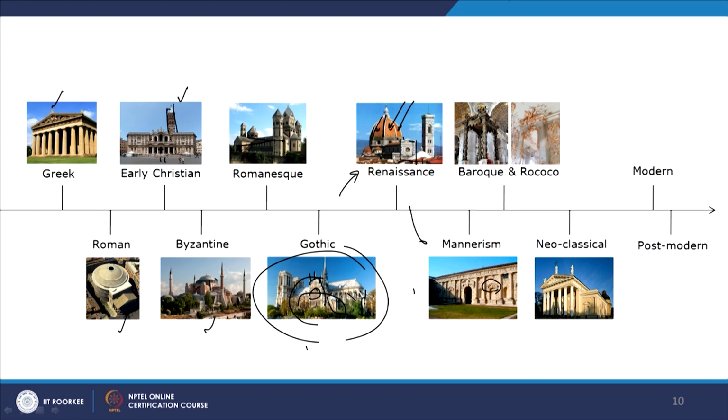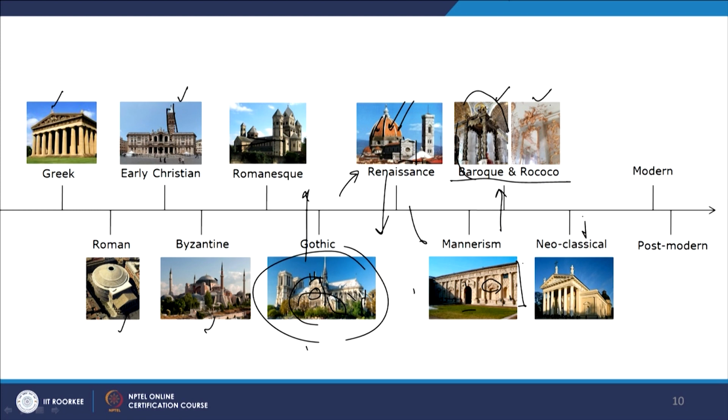Here trabeated with arches and everything is combined, and it's just a facade treatment. This is a load bearing wall, and then the columns are added and the keystones are protruding down. All these things are there. Then Baroque and Rococo, you can clearly see how ornate this style is. So this is again high on ornamentation, low on ornamentation, and again high on ornamentation.